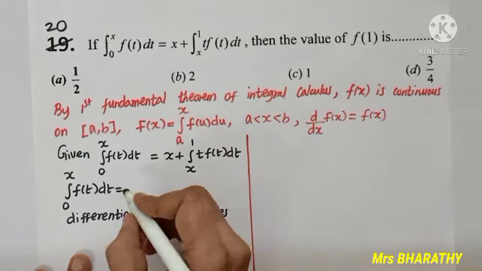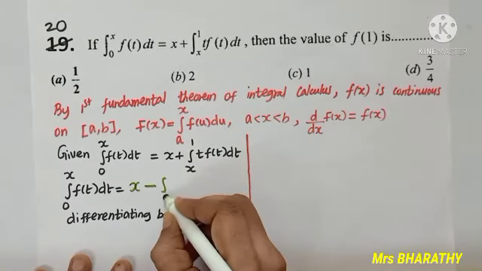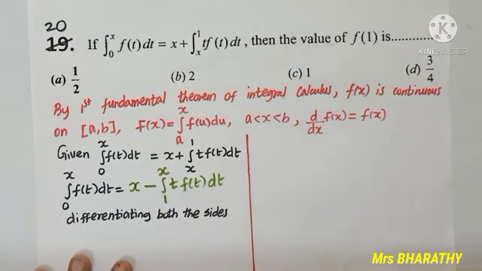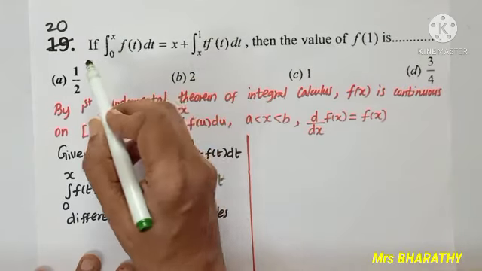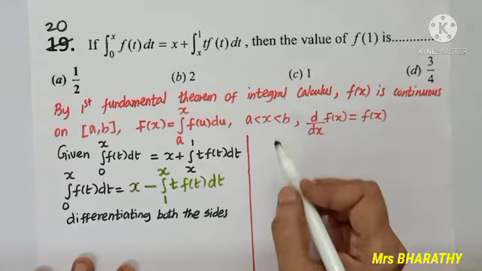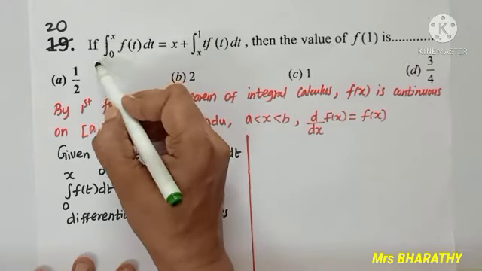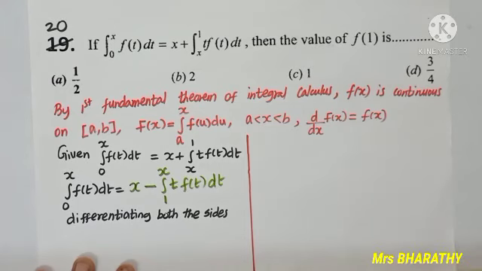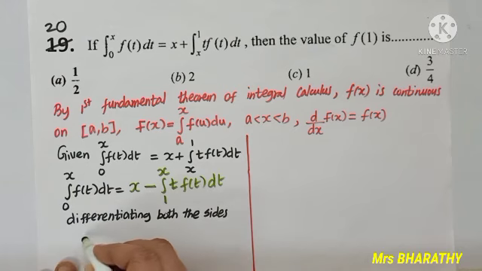So the given problem we rewrite, x minus x to 1 is now becoming 1 to x t f of t dt. Whenever I want only f of 1, I don't want the integral, so let us differentiate. Remembering the first fundamental theorem of integral calculus, as I differentiate the integral, I will just get f of x.